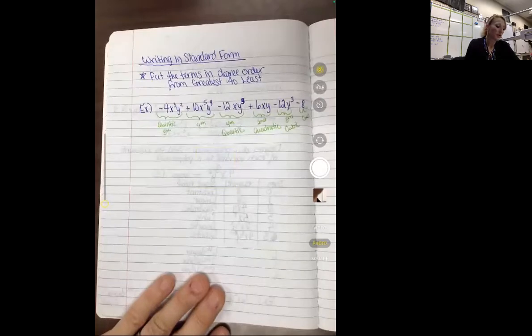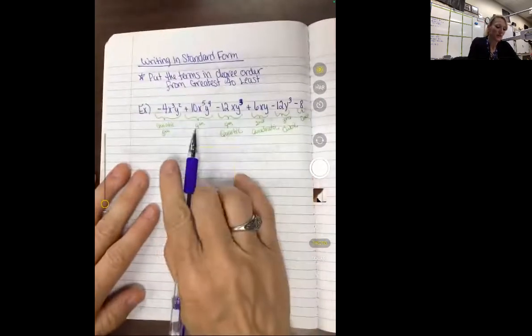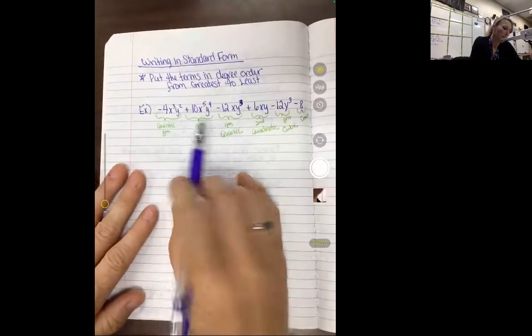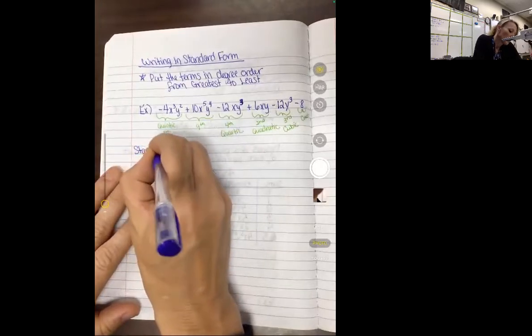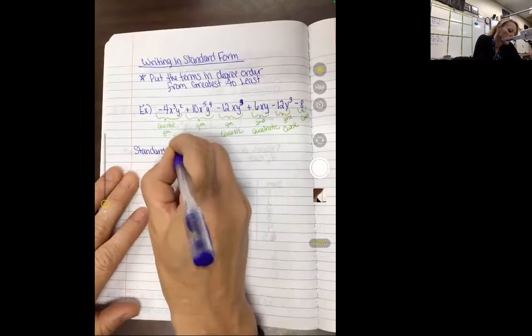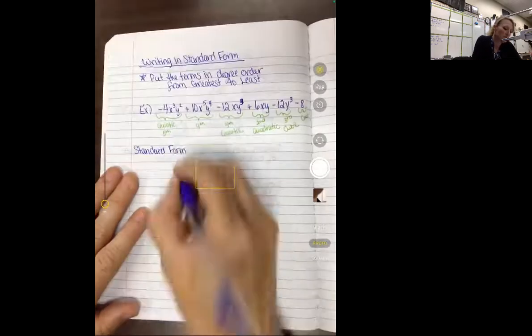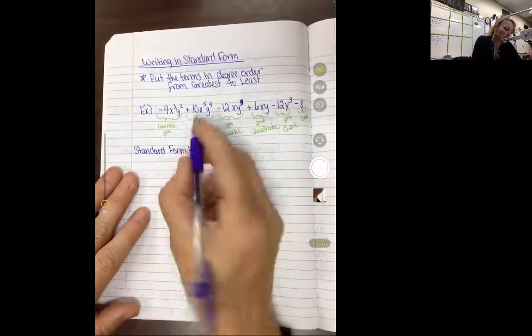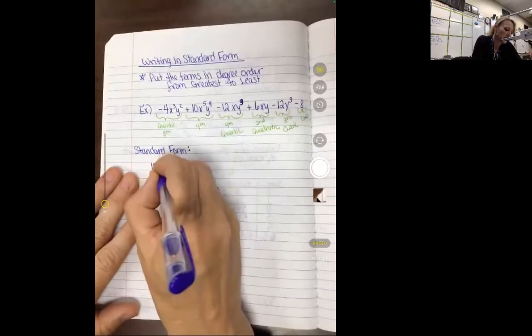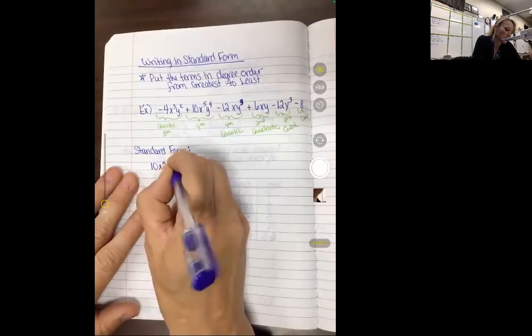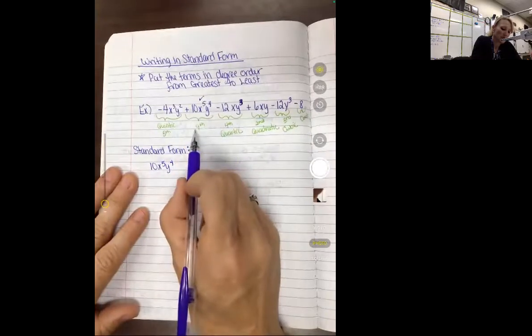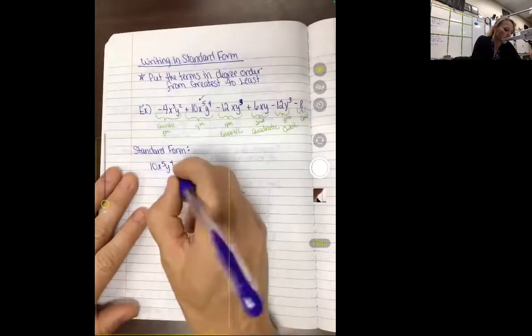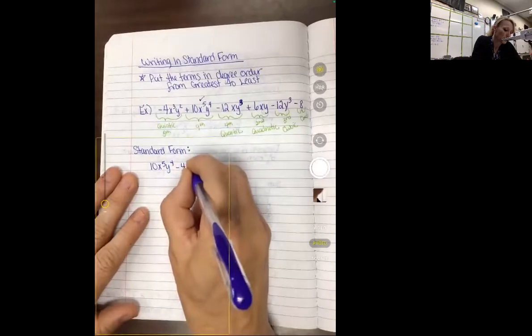So those are all of the degrees. We are going to say that this has a 9th degree because it's the biggest one. So if we are going to put this in standard form, we are going to write these in degree order from greatest to least. Our first one is the 9th degree, so 10x to the 5th y to the 4th. And then our next one would be the quintic, so minus 4x cubed y squared.